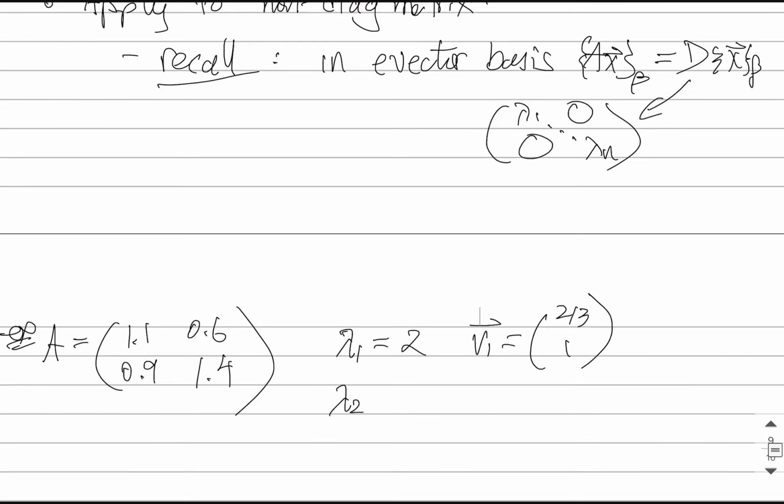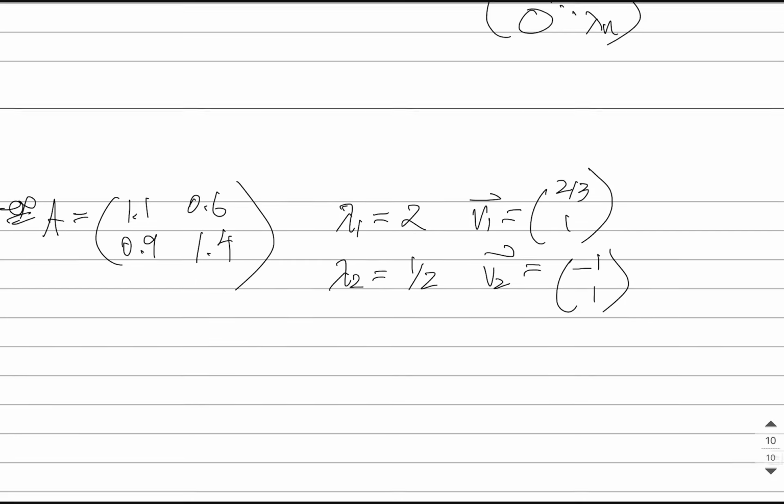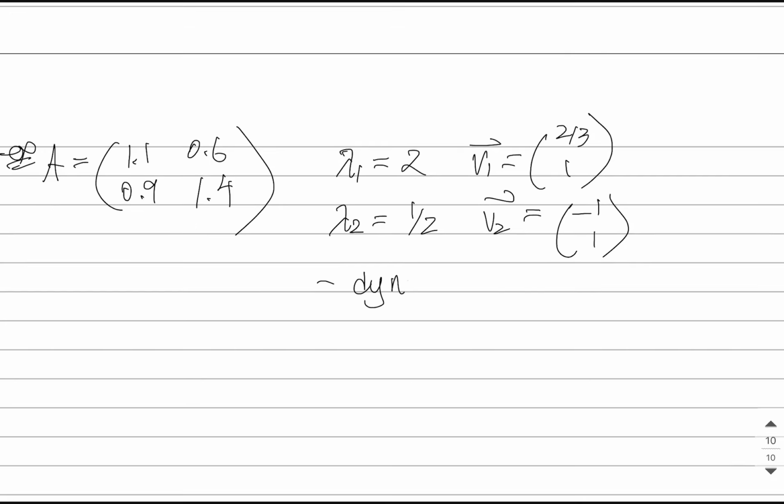The second eigenvalue is 1/2. The second eigenvector is -1, 1. It's a 2x2 matrix. There are 2 linearly independent eigenvectors because they come from 2 distinct eigenvalues. I can diagonalize it. The dynamics I will study by converting to eigenvector basis.